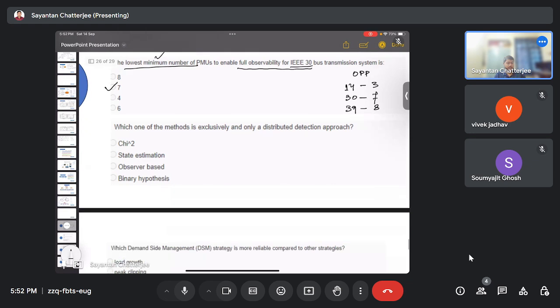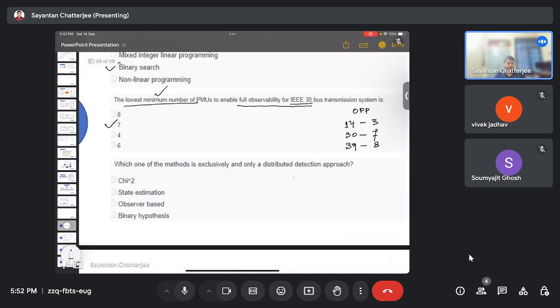Which one of the methods is exclusively and only a distributed detection approach?